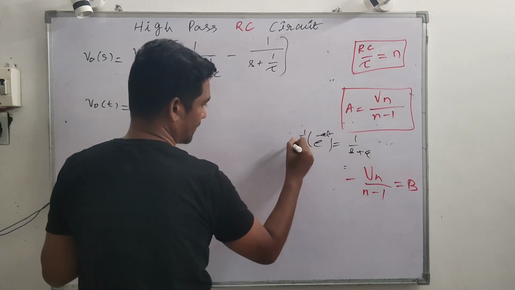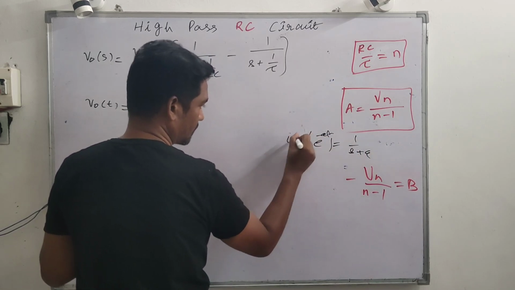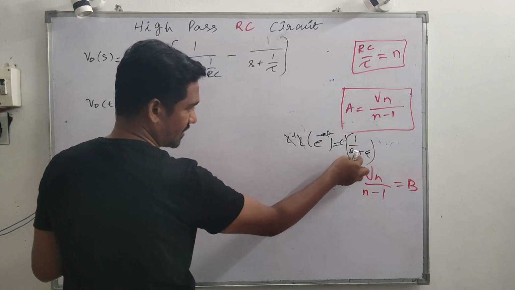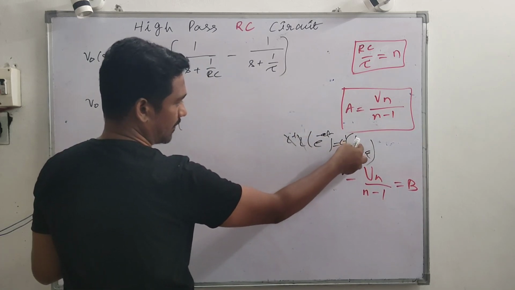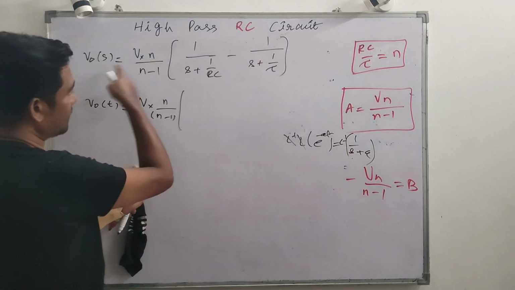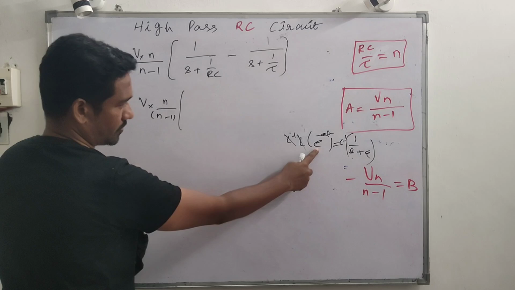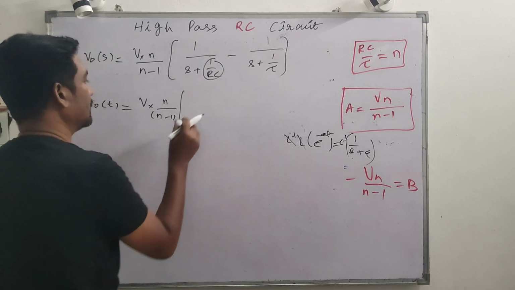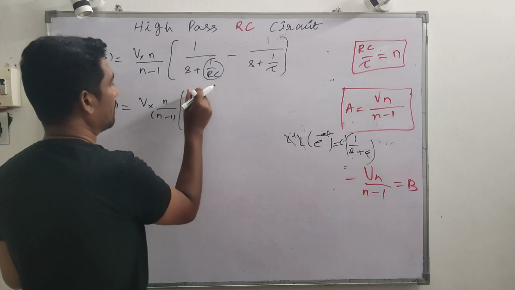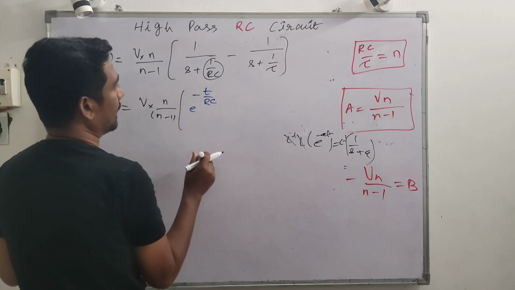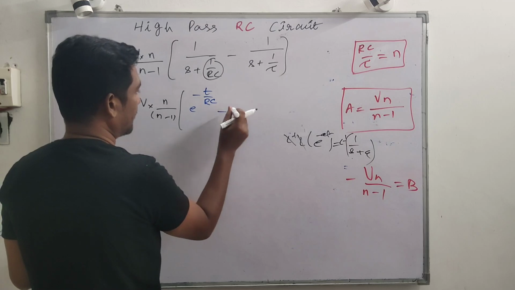So the inverse Laplace transform of 1 upon s plus a gets back to over here. Applying the inverse Laplace transform of this one, we reach over here, and this is our t. How to write that? e raised to minus t upon rc, and this one negative.